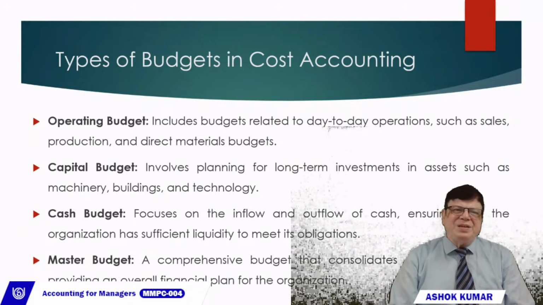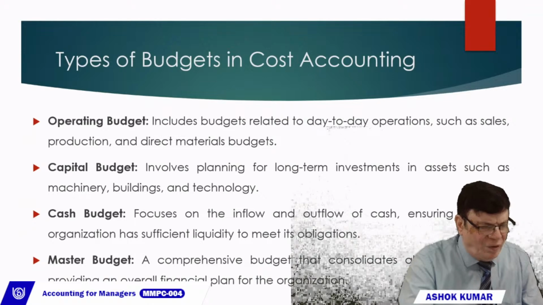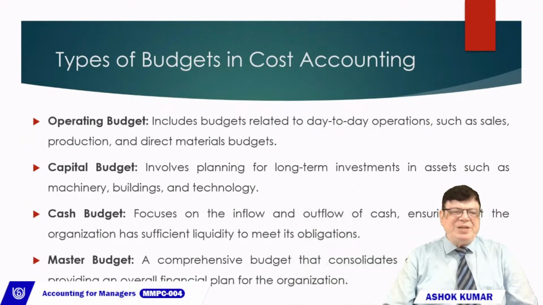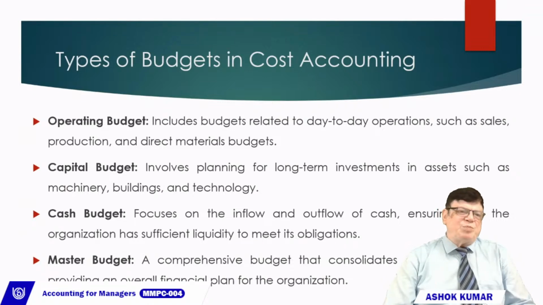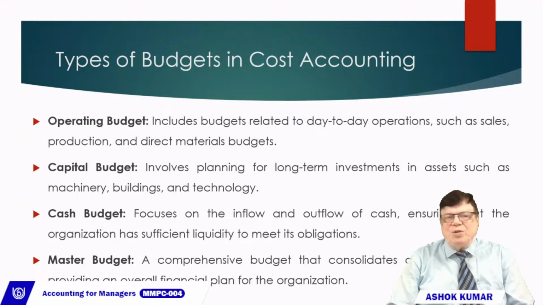So we have seen the types of budgets: operating budget, capital budget, cash budget, and master budget. The operating budget includes budgets related to day-to-day operations such as sales, production, and direct material budgets. The capital budget involves planning for long-term investments in assets such as machinery, building, and technology.